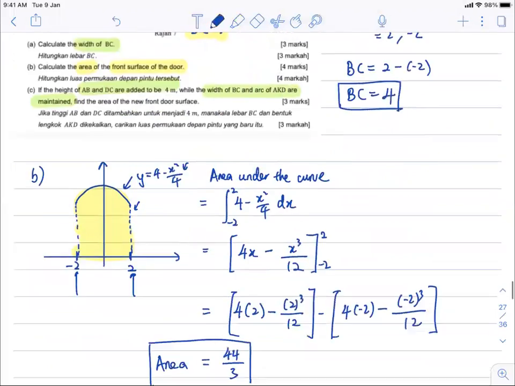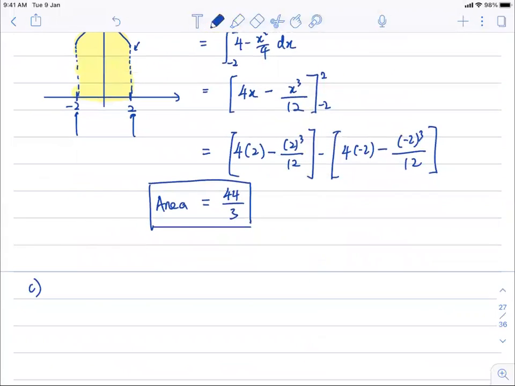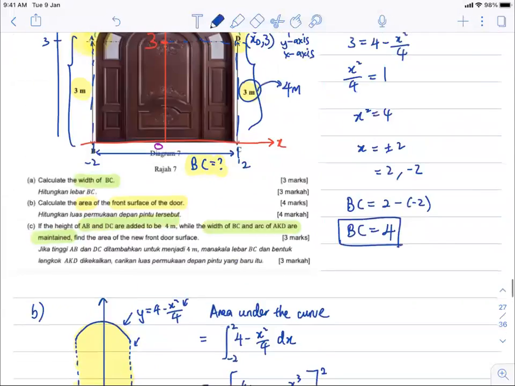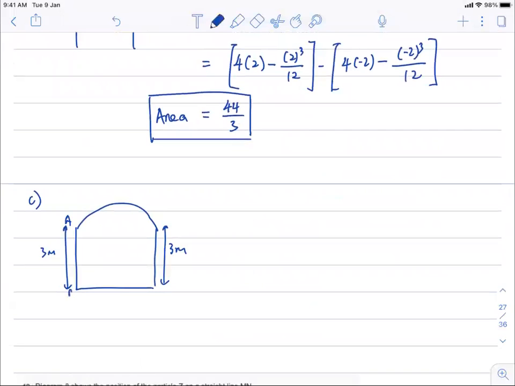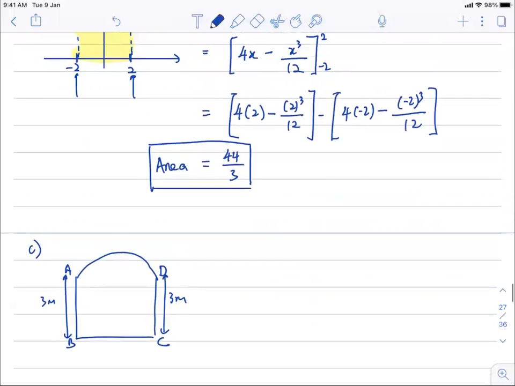So let us draw this. This again is our door. Let me draw the original door first. Initially it is 3 meter, 3 meter, and this is AB, this is DC. It tells us now this 3 meter, we want to make it 4 meters.